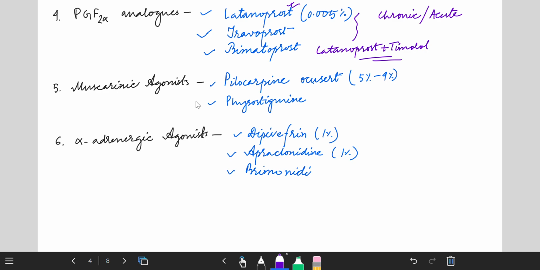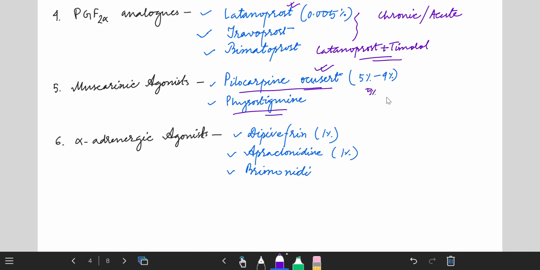Now fifth classification is Muscarinic agonist. Okay, Muscarinic agonists are Pilocarpine, Ocusert and Physostigmine. I have used the term Ocusert, so you need to be clear about what is Ocusert. Ocusert is kept beneath the lower eyelid in glaucoma patients. Okay, and it releases the drug slowly for a week following a single application. That is known as Ocusert. Okay.